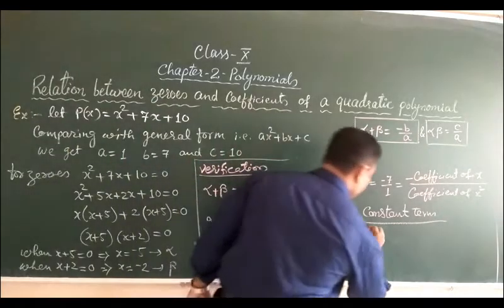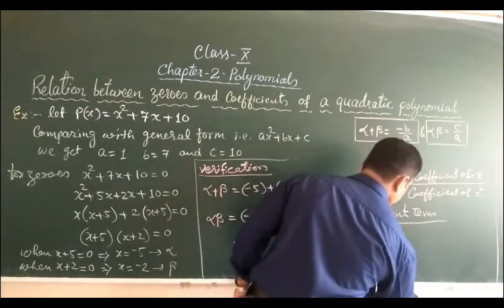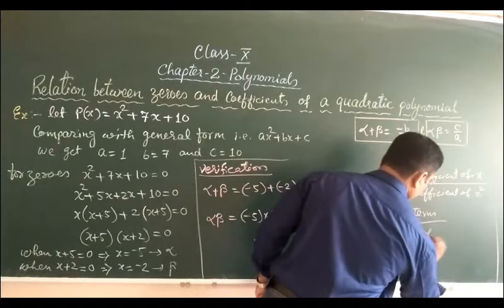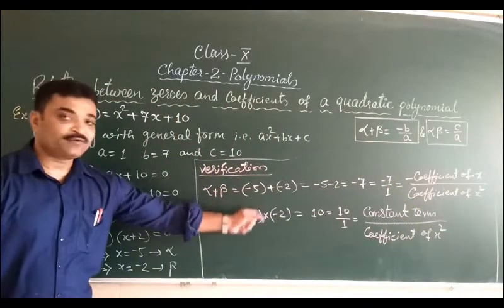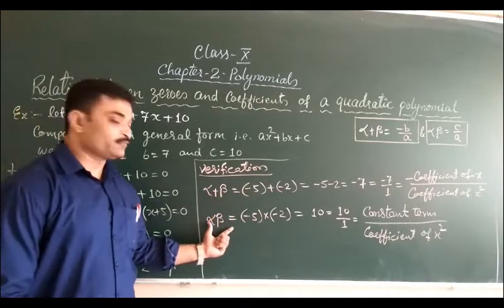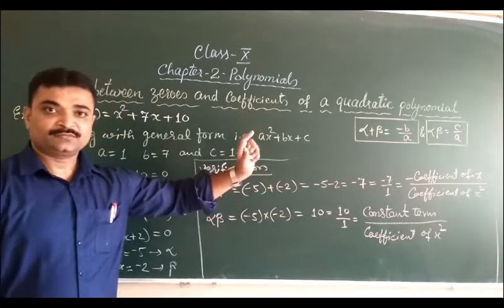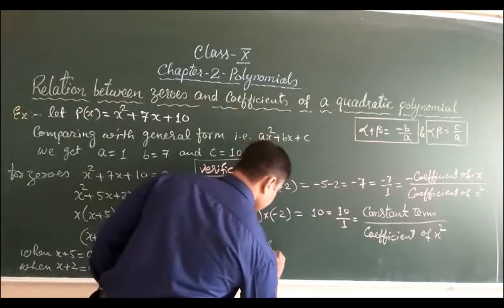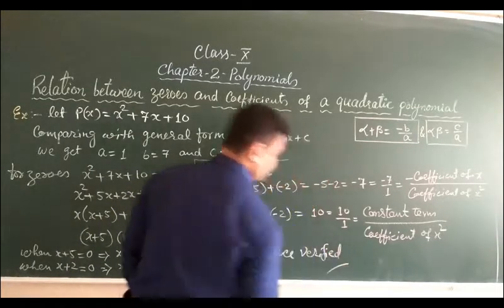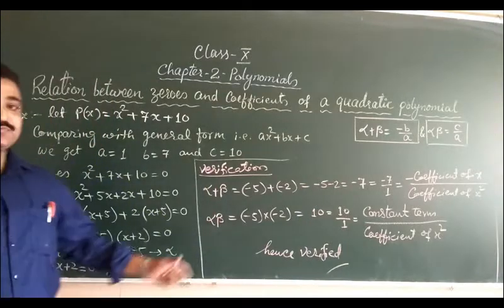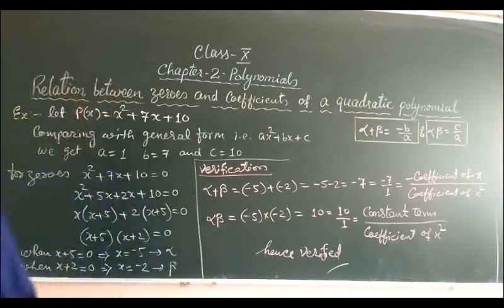So we can write here coefficient of x square. So students, hence we verified the sum of the zeros and product of the zeros. Hence verified. So students, pause the video to note it down.